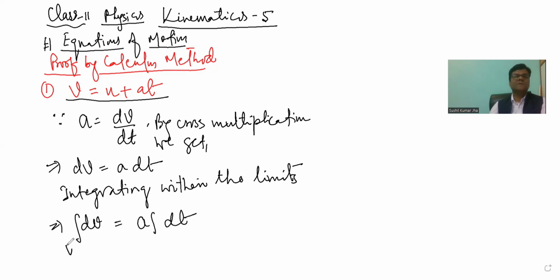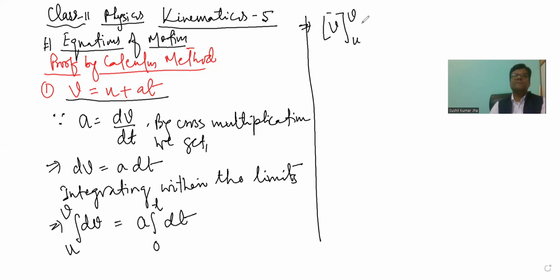So lower limit is u, upper limit is v, time 0 and t. And so dv becomes v, and then we put square bracket u and v. A is constant, dt becomes t. Then we put square bracket and limit is 0 and t.